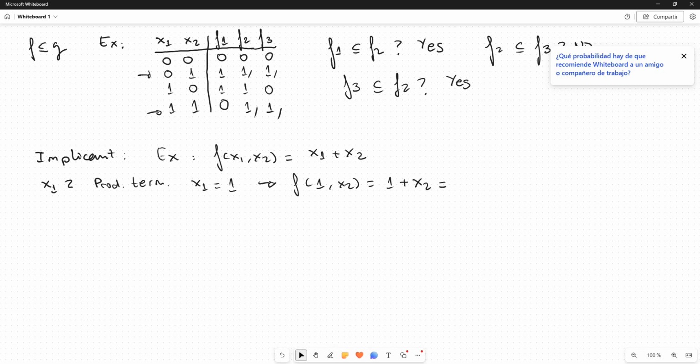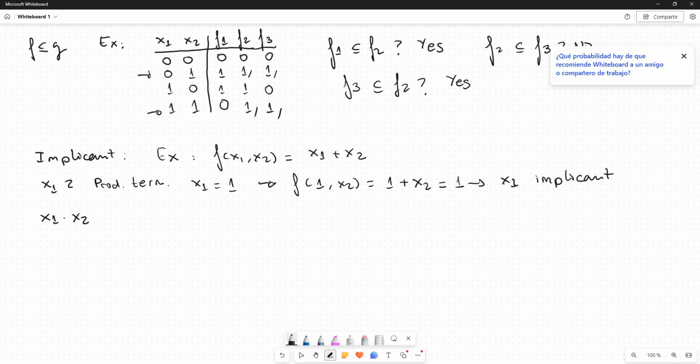And if you remember the axioms and properties of the Boolean algebra, something plus 1 is 1. So yes, x1 is an implicant of the function f.